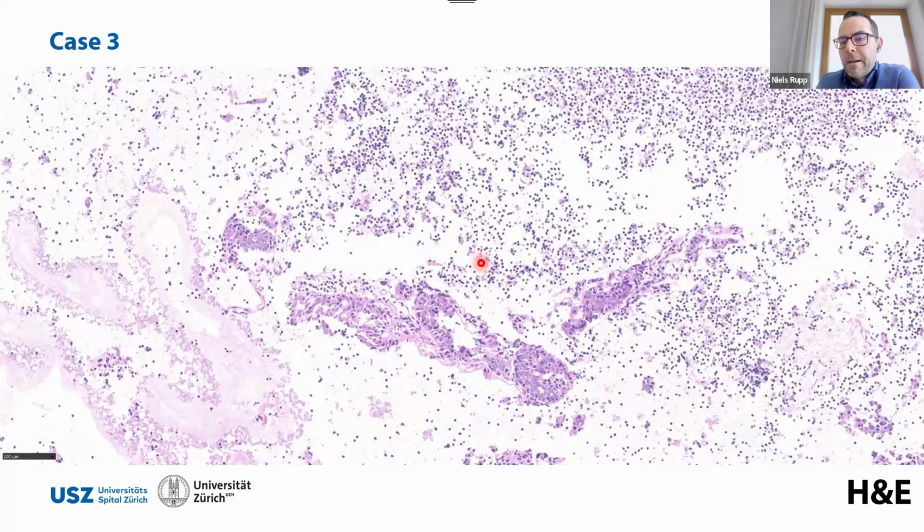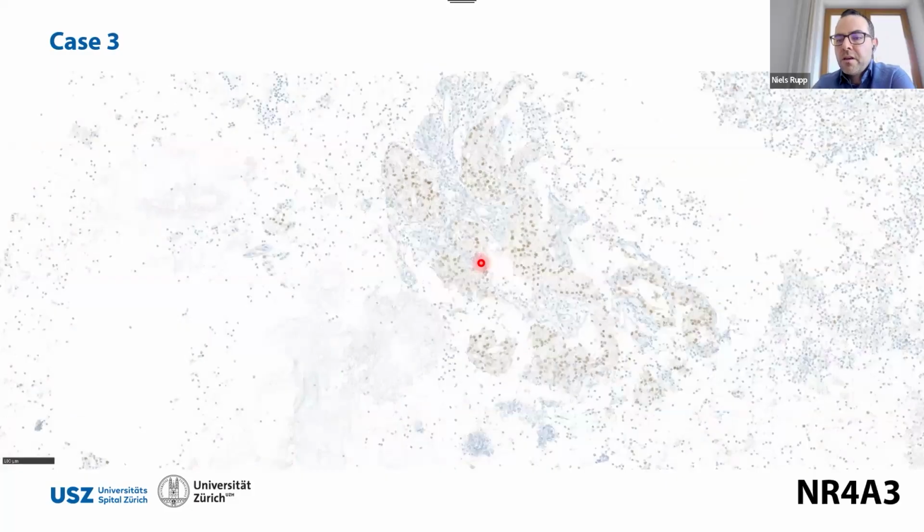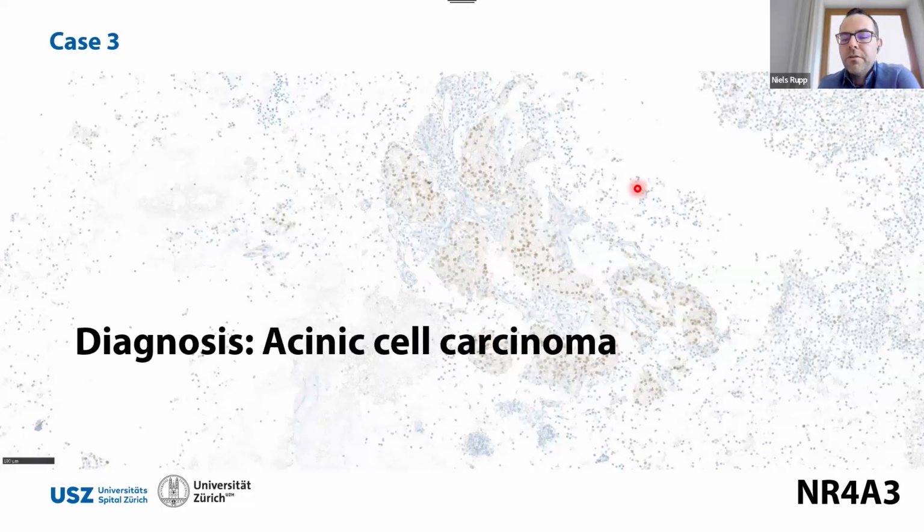And if you suspect an acinic cell carcinoma, there's a very good and reliable immunohistochemistry, the so-called NR4A3 immunohistochemistry. Here it is, positive in the epithelial tumor cells and negative in the lymphoid cells and also in normal acinar cells. It should not be expressed there, so it's a very sensitive and specific marker for acinic cell carcinoma. So this is the diagnosis of an acinic cell carcinoma.